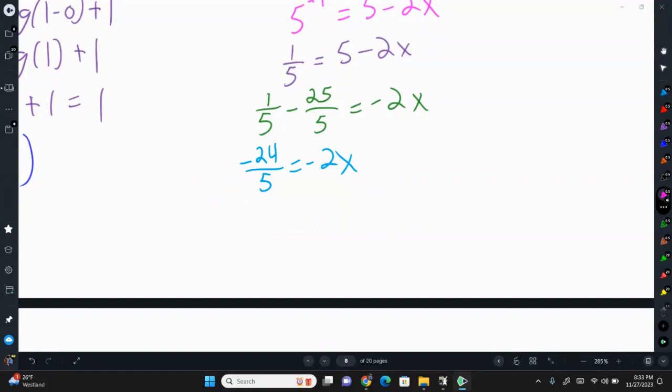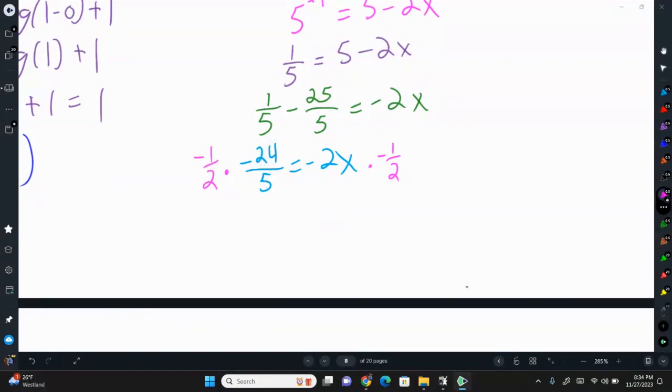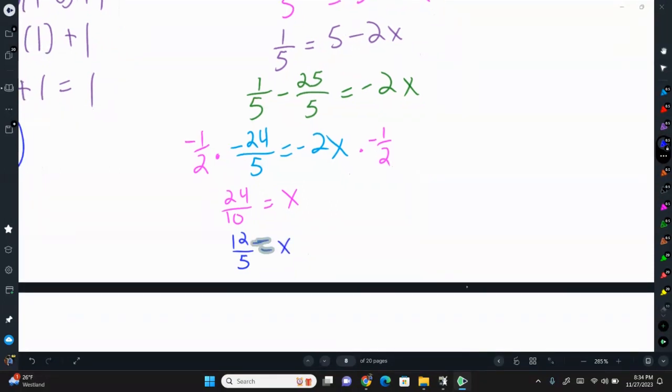So instead of dividing both sides by negative 2, I'm going to multiply both sides by negative 1/2 because I already have a fraction on the other side. So then that will give me positive 24 over 10 equals x. Well, 24 over 10 can be reduced to 12 over 5 equals x, and as a decimal that is 2.4. So my intercept is 2.4 comma 0. That's my x-intercept.